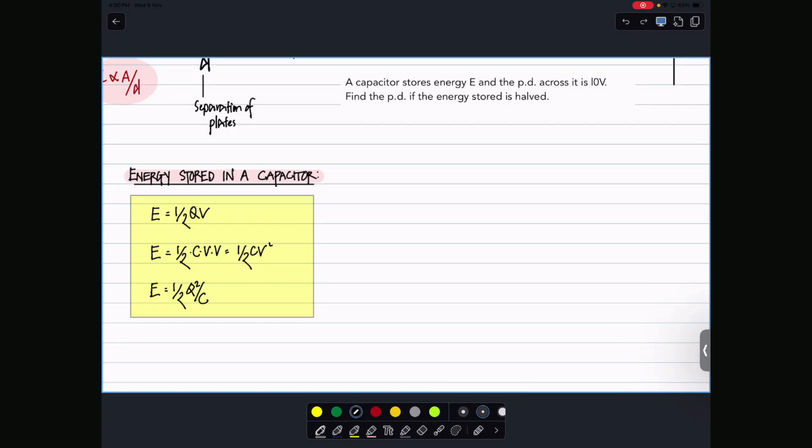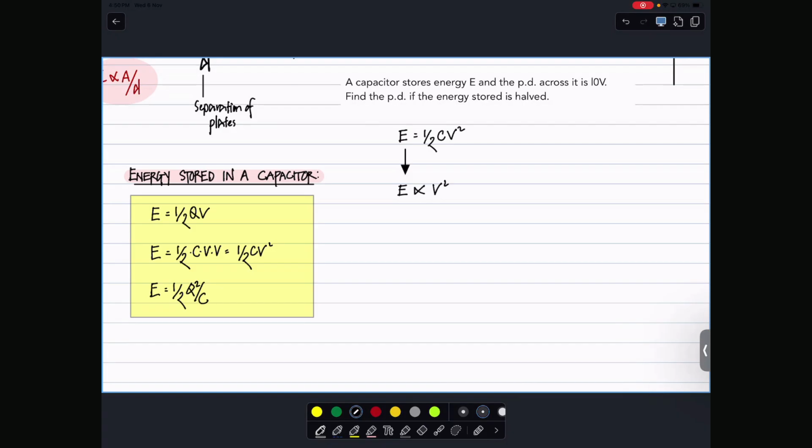How will you do it? For that, we will take the equation E equals half CV square into account, and from there, what is the relationship between energy and voltage? Right, exactly, energy is directly proportional to V square. Do you agree? Okay, now what we will do is just the unitary method.